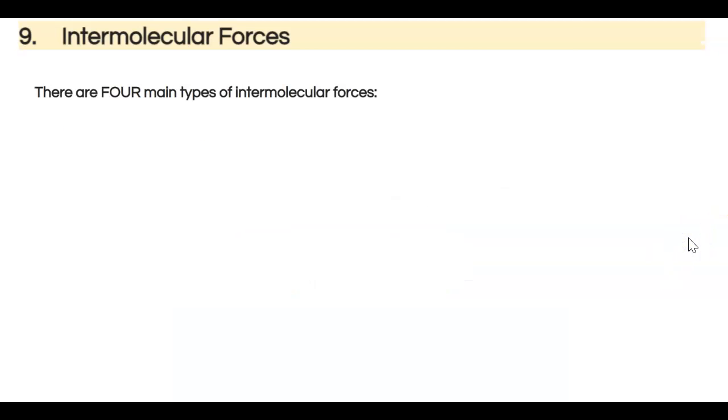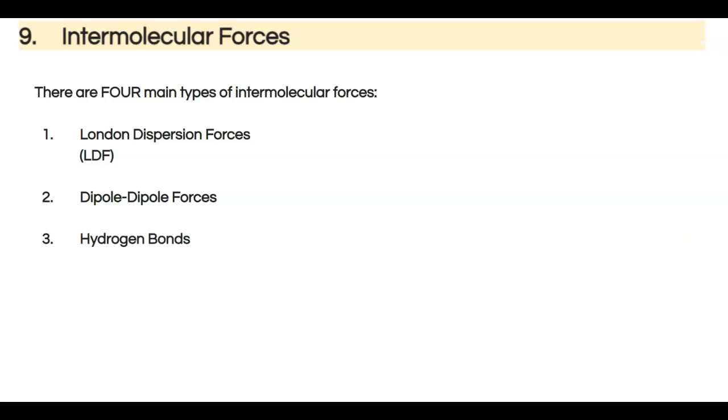Okay, so to remind you, and before I go through these, maybe in your head or on paper, jot down if you remember any of the four types of intermolecular forces. The first is LDF forces, London dispersion forces. I'm going to talk about each of these in the next few slides. The next is dipole-dipole forces, hydrogen bonds, and finally ionic forces, which are not really intermolecular because ionic forces of attraction are electrostatic.